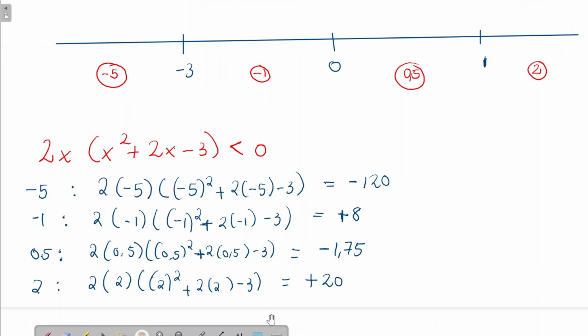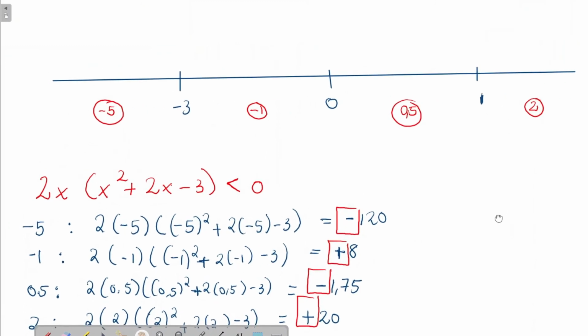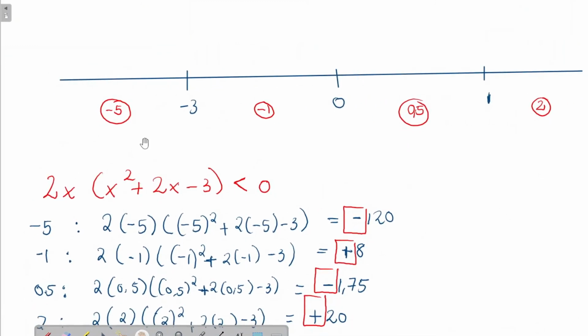So what does this tell us, guys? We are not going to be focusing on the values, but on these signs here. Those signs are telling us where this function is positive or negative. Between negative infinity and -3, this function is negative.